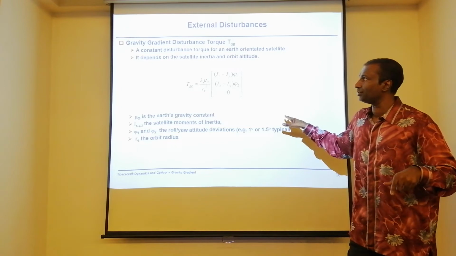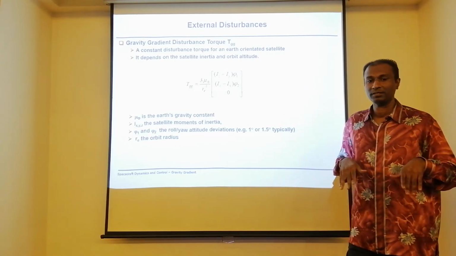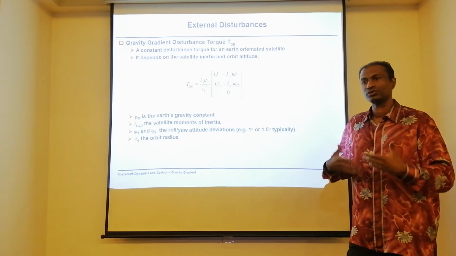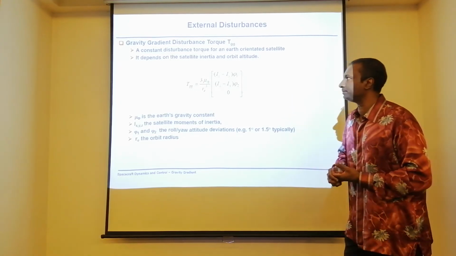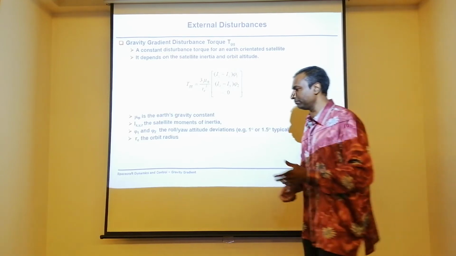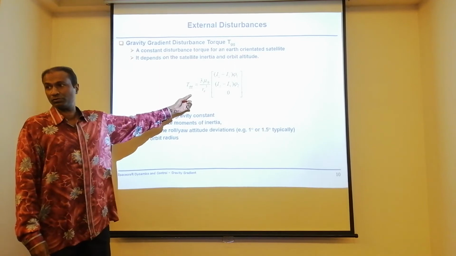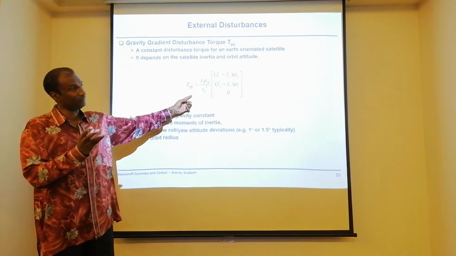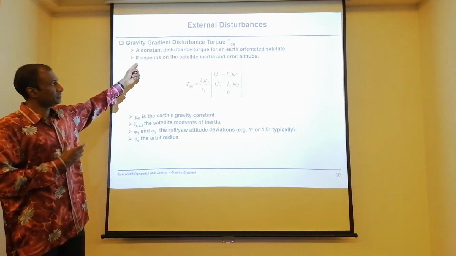So what we are going to do here is define all those external disturbances in space which disturb the rotational motion of a satellite. First, since we already know the gravitational gradient, the same equation I've invoked, the one that we have developed. It is a constant disturbance, very important.